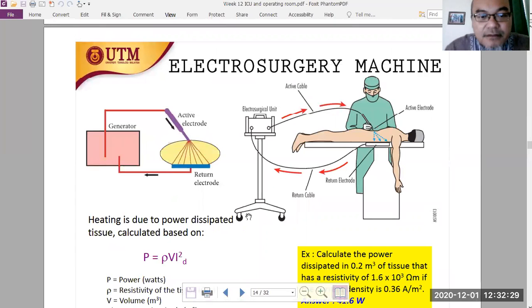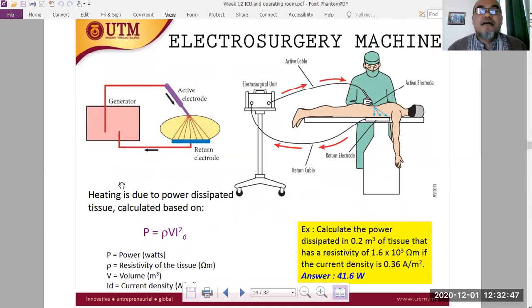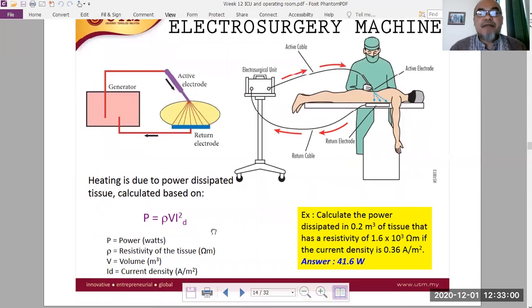So this is how it looks. This is the active electrode, which has a very small cross-sectional area, and the lower part is the return electrode, which has a wider area. Between them is the RF generator, the radio frequency generator. The heating is due to the power dissipated in the tissue, calculated by this formula. The power equals rho, the resistivity of the tissue, times the volume, times J squared, the current density, in ampere per square meter.